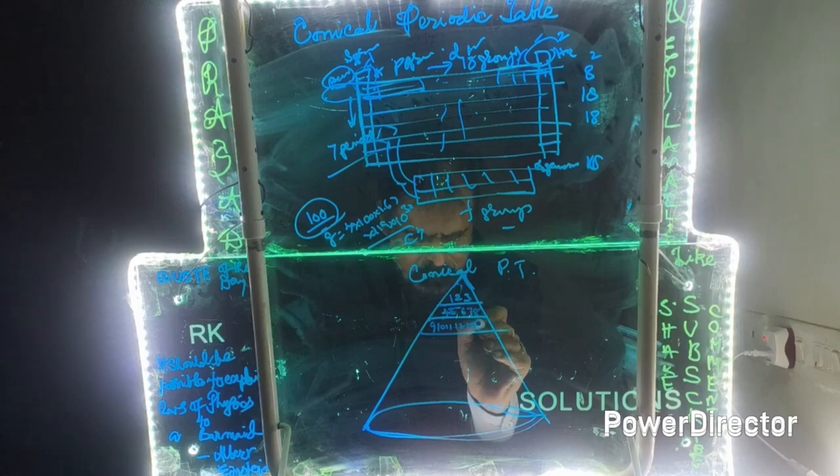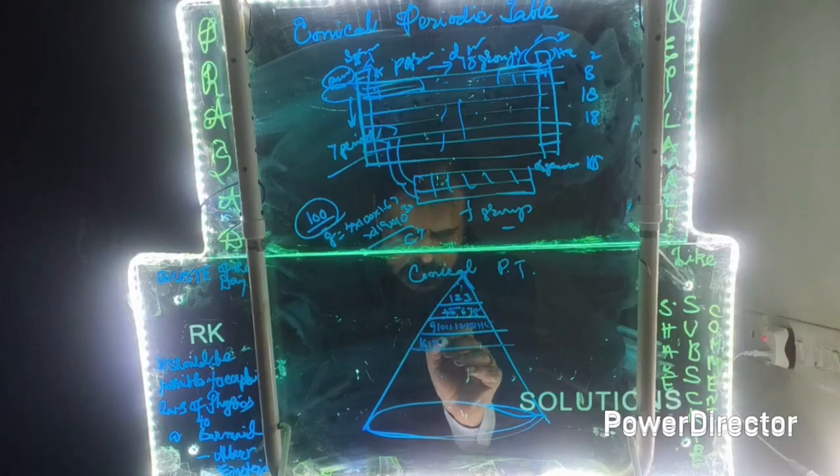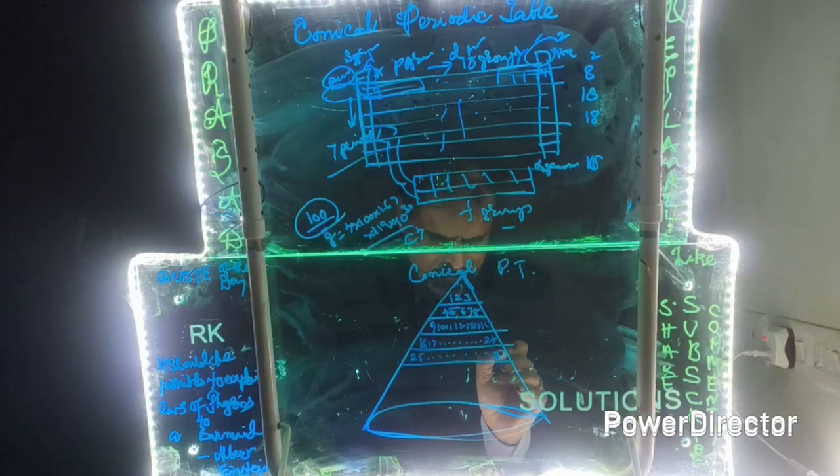12, 13, 14, 15, 16, 17, and so on, up to 24. Starting with 25, it will end with 35.